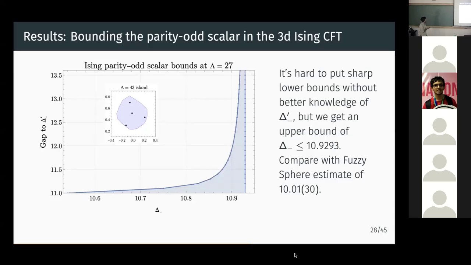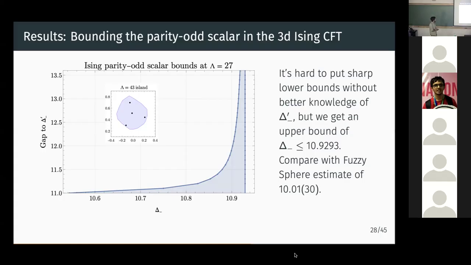Also, we have some bounds on the parity odd scalar in the Ising CFT. So these are the first sharp bounds, if you'd like, on the parity odd operators in 3D Ising. This plot's a little bit confusing, but this axis here is the dimension of the leading parity odd scalar, and this is the gap to the next to leading one. So in other words, we're playing with how isolated is this leading parity odd scalar.